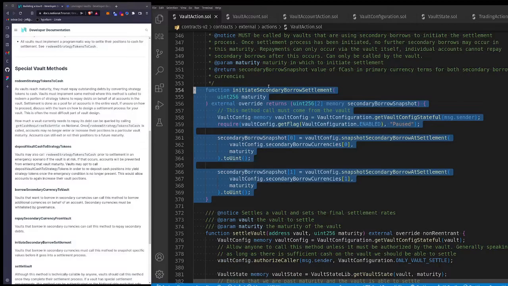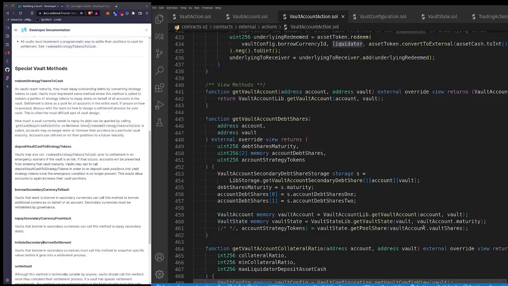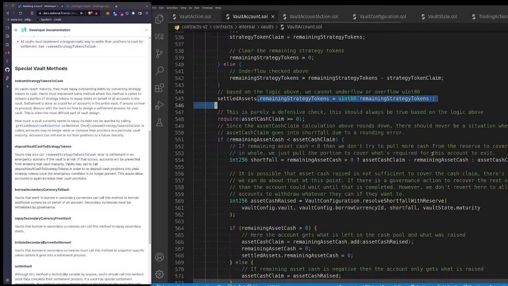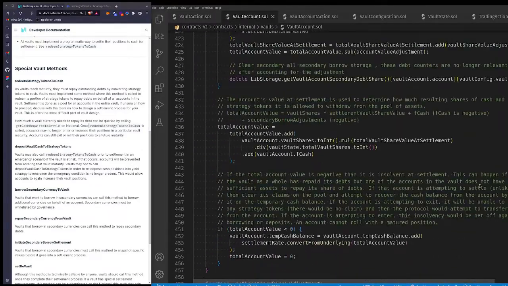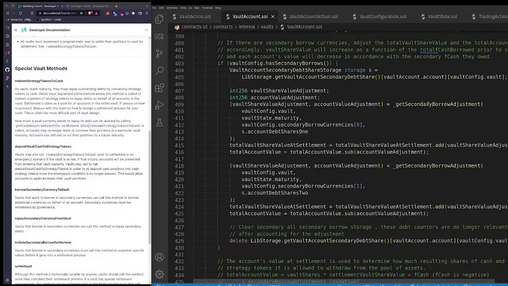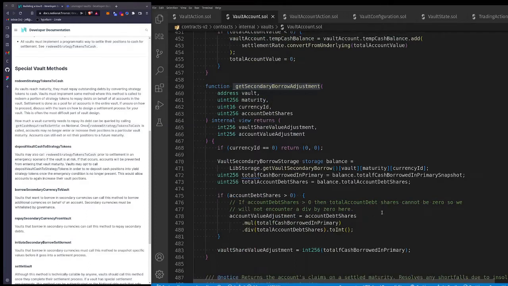During the settlement method, we also need to snapshot the value of those secondary debts before we start to settle. This is required in the settlement math when we go through the settlement process. You can see some of that math in this secondary borrow adjustment. We need to take a look at this total fCash borrowed in primary value, which is snapshot once.